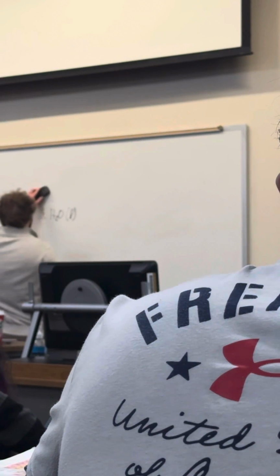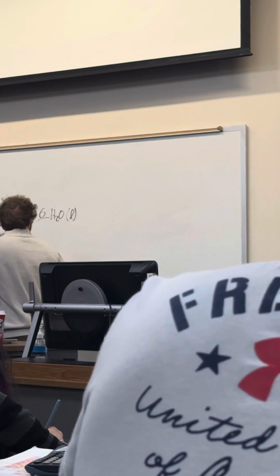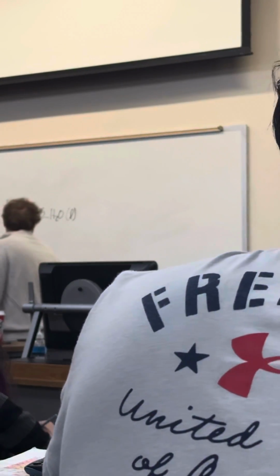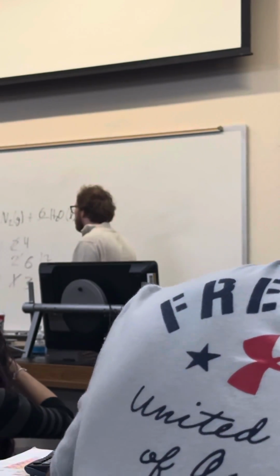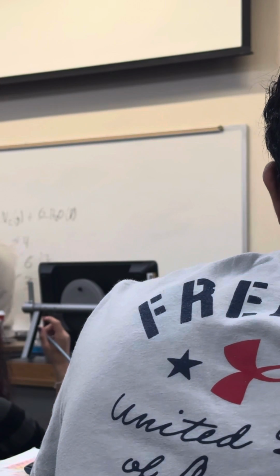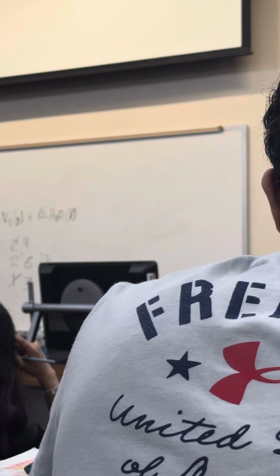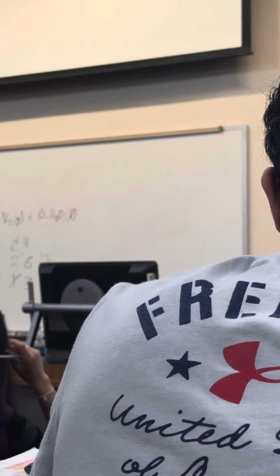This is going to double, so 3 becomes 6. How many hydrogens? 12. Oxygens? 6. Are we balanced? No. But can I go from O2 to somehow make this a 6? Yes.